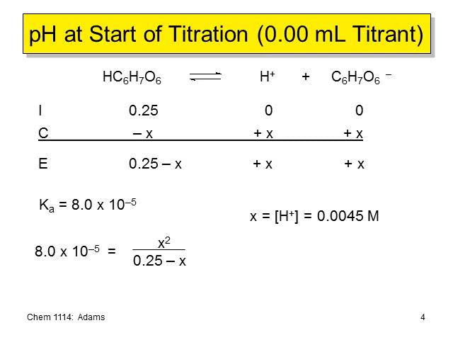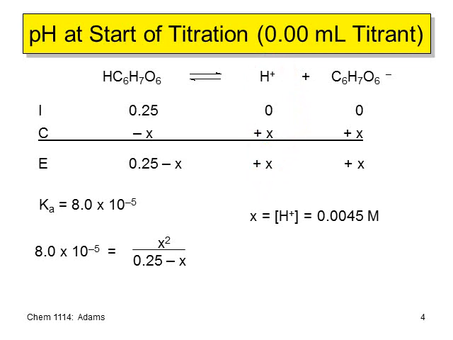It will end up being so small, which you can actually see when you solve for this, compared to 0.25, it's of no importance in the equation. So I took that to 0, I solved for x, and then I realize that x is my hydrogen ion concentration right here.